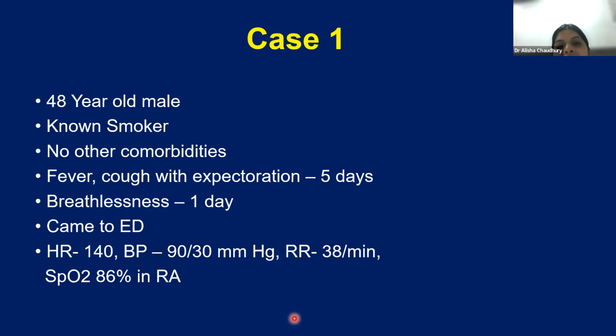Such a patient definitely must be coming to all of your ICUs because you're all in IDCCN. Okay, somebody has answered that this patient is in septic shock. That's right. What do you do immediately for this patient?